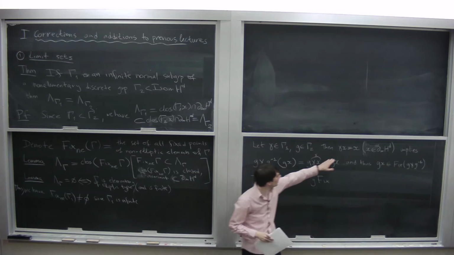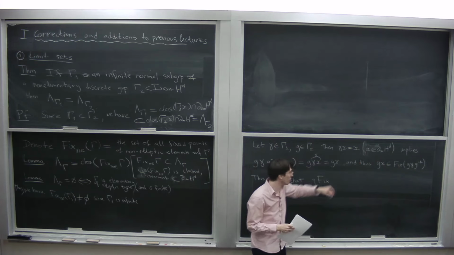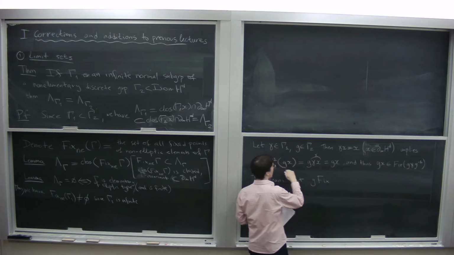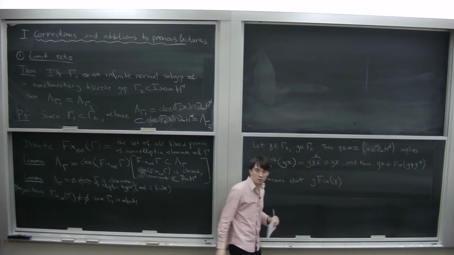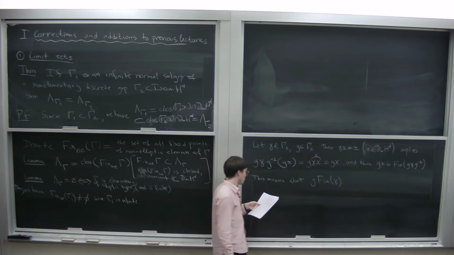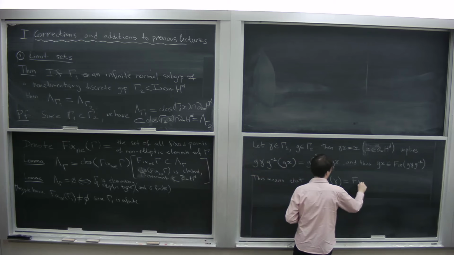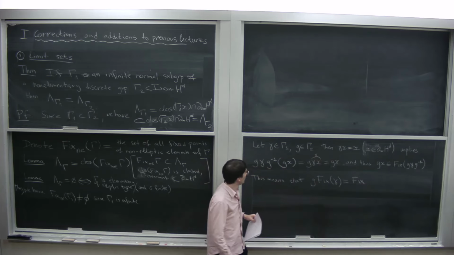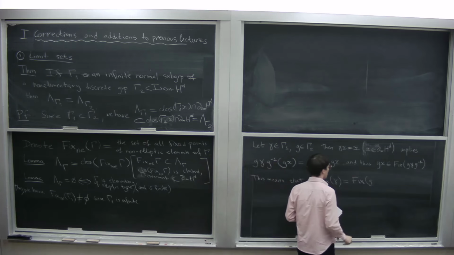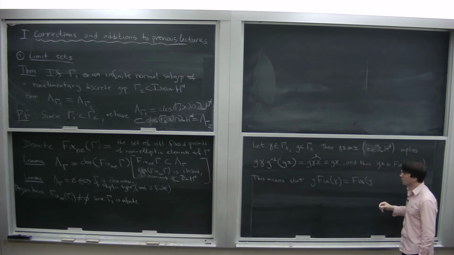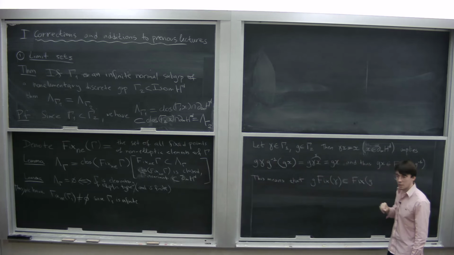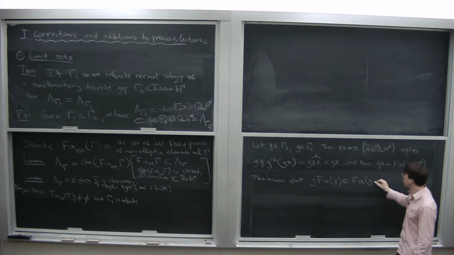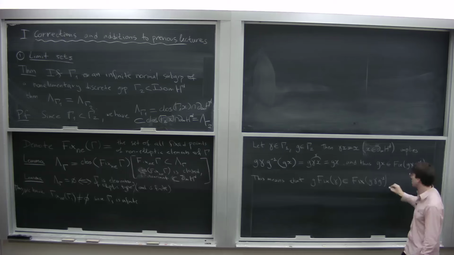So I took an element that belongs to the fixed point set of gamma, and I translated by G. So I obtain something sitting in G of the fixed point set of gamma. And this G fixed of gamma is the fixed point of G gamma G inverse. It's not necessarily equal, but it is a subset of the fixed points of G gamma G inverse.